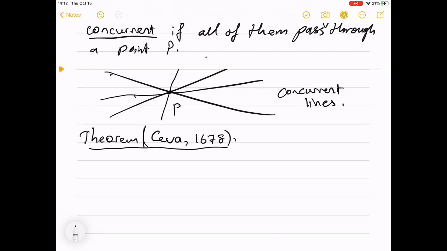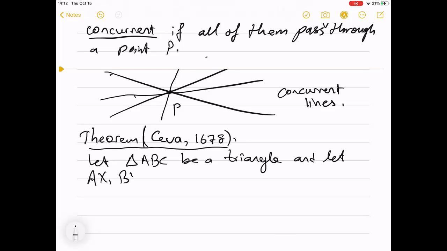Let ABC be a triangle, and let AX, BY, CZ be cevians.